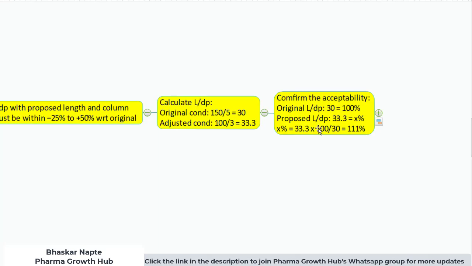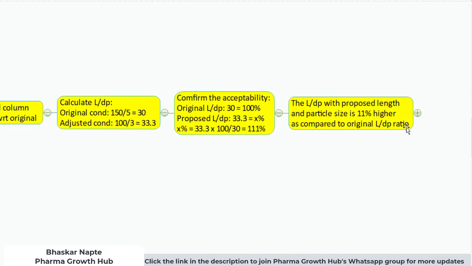Substitute the values and you will find that X% is equal to 111%. So the L by dp ratio with the proposed length and particle size is 11% higher as compared to the original L by dp ratio.